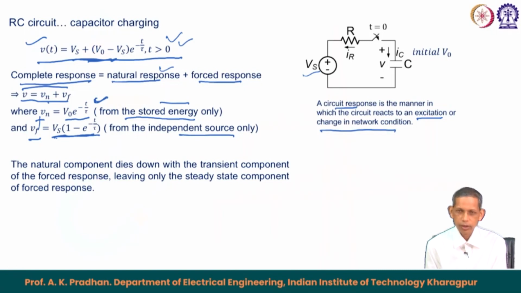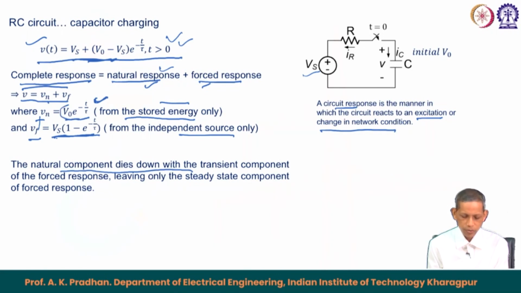So, we can divide the response V t equals V s plus (V naught minus V s) e to the power minus t by tau into two components, natural response plus forced response. The natural component dies down as the transient component.